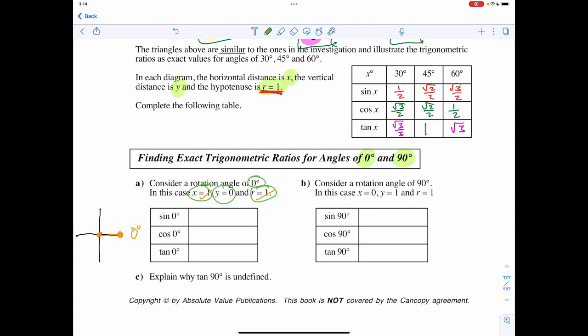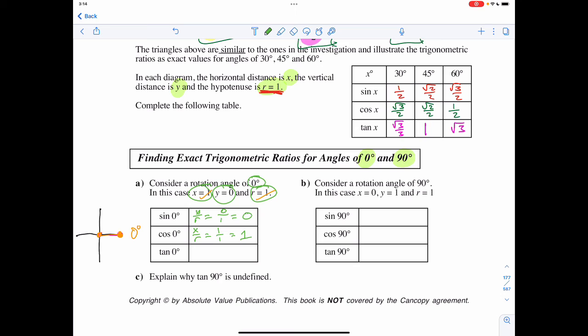When I do that, if sine is y over r, then that's going to give me 0 over 1. Sine of 0 is just 0. My cos value is going to be x over r, or 1 over 1, and my cos is exactly 1.